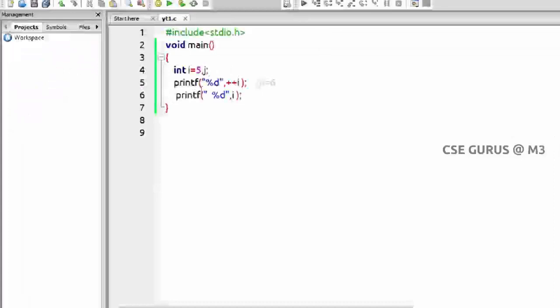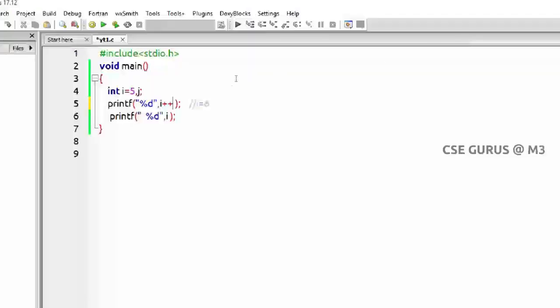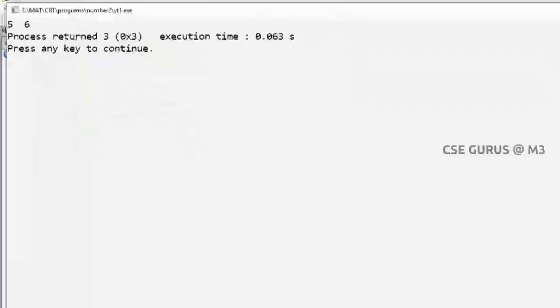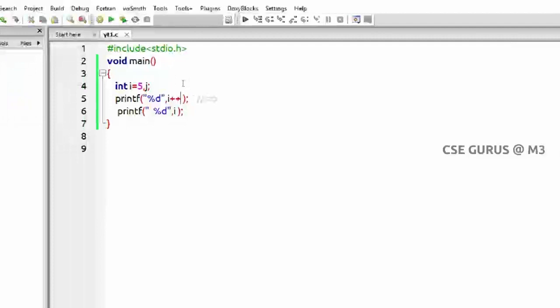And now the thing is, what if I write I plus plus? So will it be 6 comma 6? Okay, we'll see first. It's not 6 comma 6, it is 5 comma 6. You can see how. With post increment, first the value will be taken by printf.